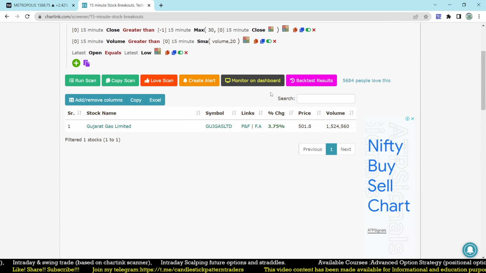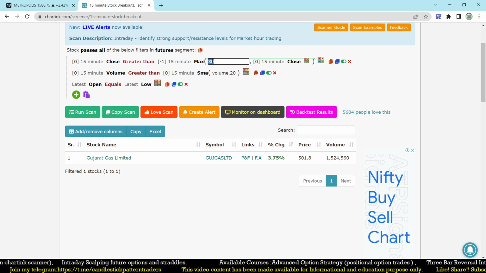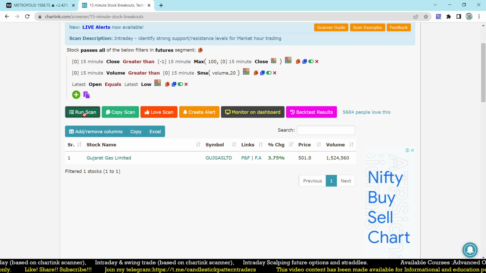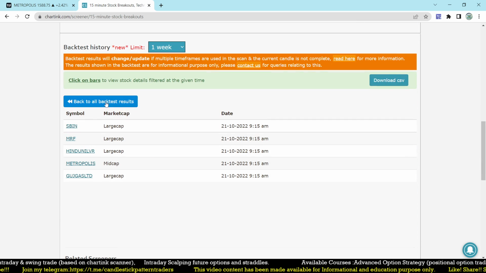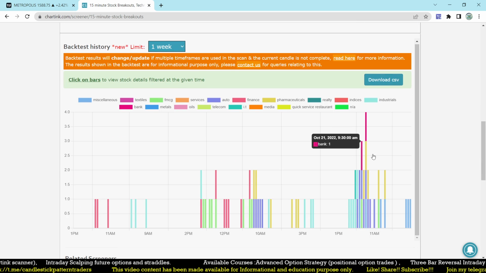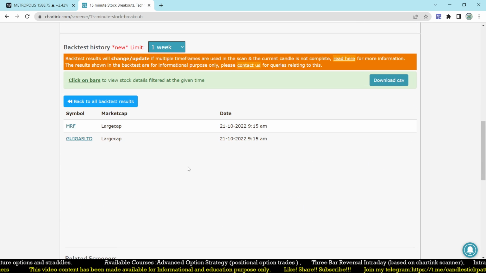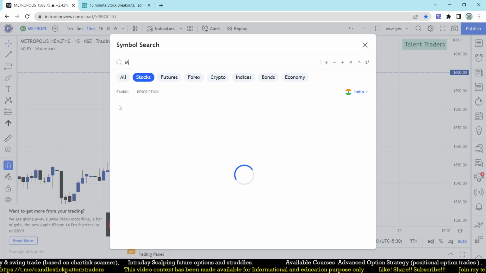But if I increase the number of candles, it affects the quality of stocks. So if I use 60 candles or 100 candles, and run it, instead of 5 stocks we have only 2 stocks at 9:15. So MRF and Gujarat Gas, these are the only two stocks we got for a breakout. That is about the first 15 minutes breakout stock. So let's see these two alone.